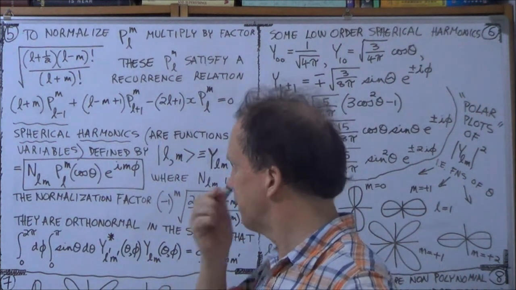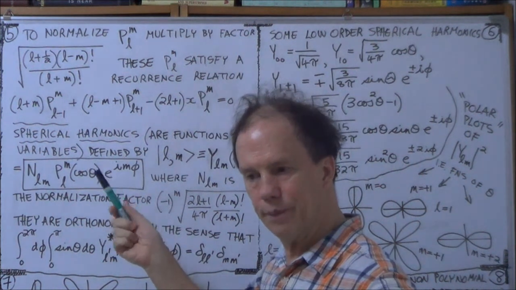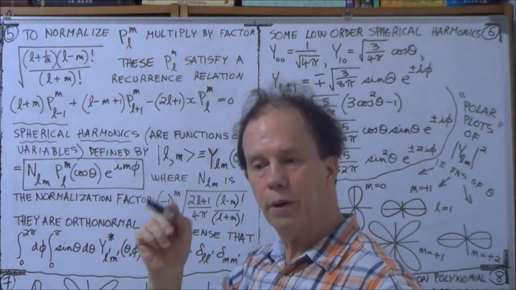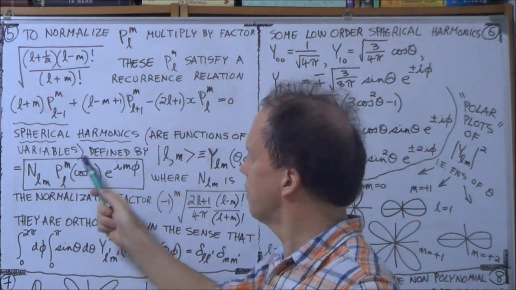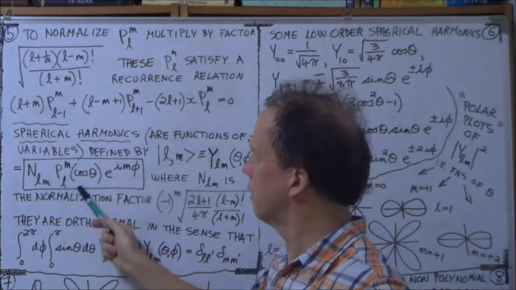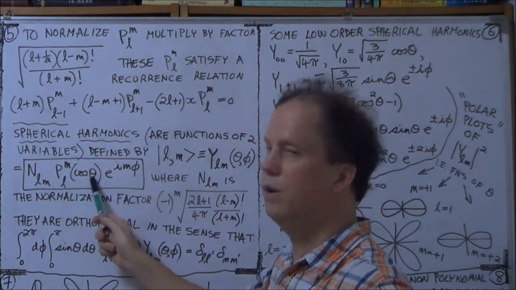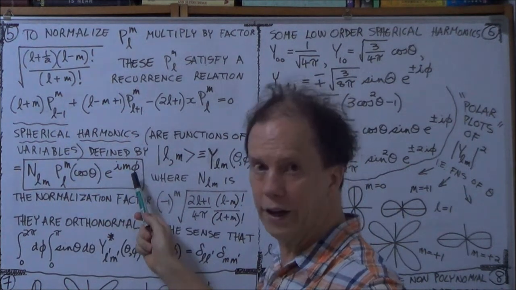You may remember when we were trying to solve the eigenequation for both L squared and L_z, we got something of this sort of form. We had a function that depended on the angle theta, and another function that depended on the angle phi.